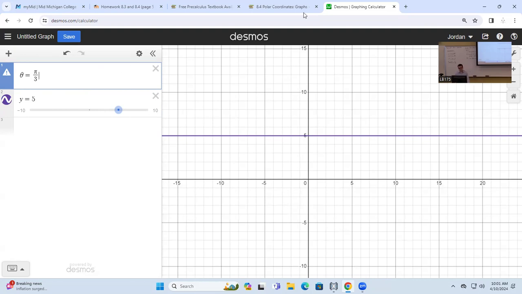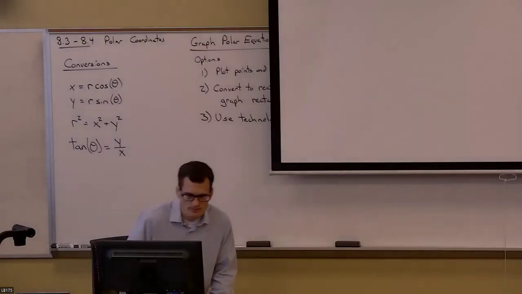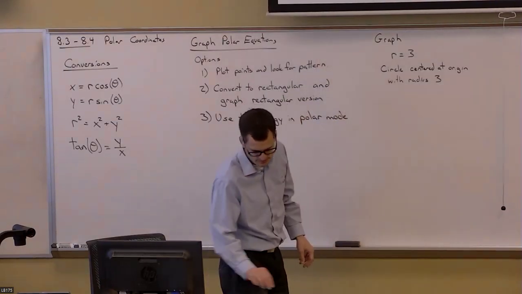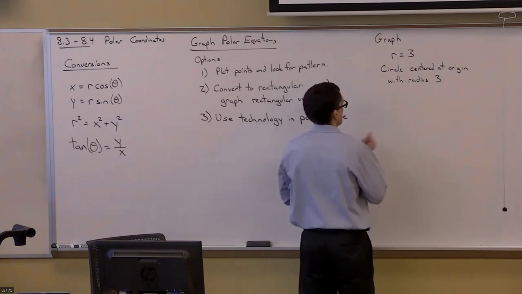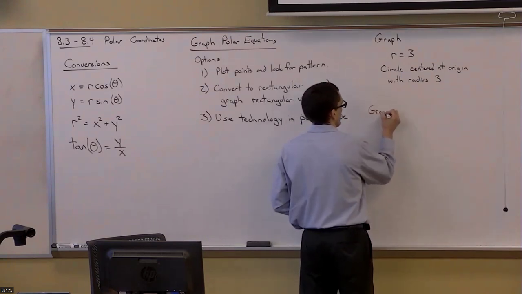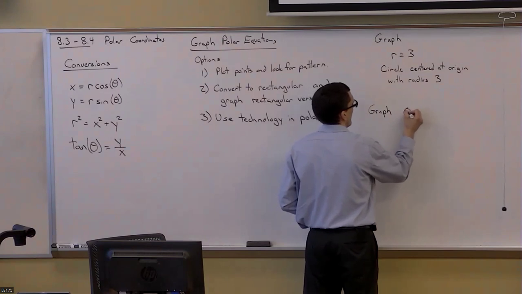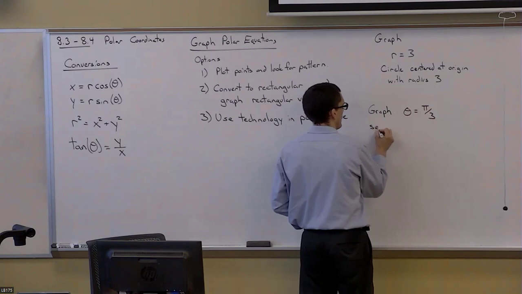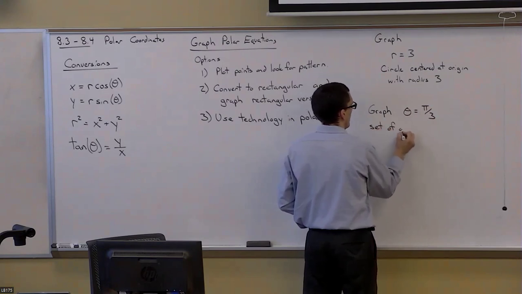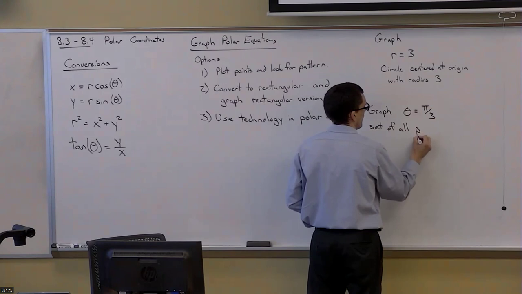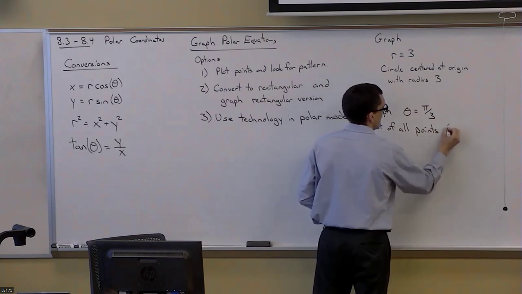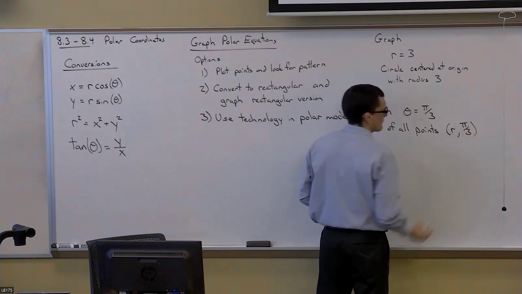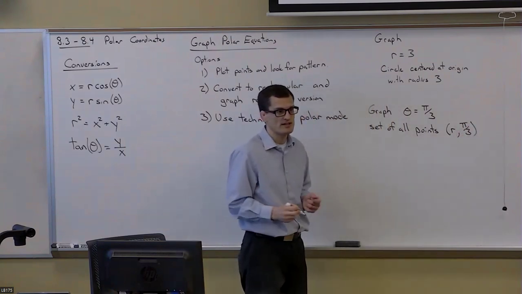But what it actually is is the set of all points that have some r value and then pi over 3 as the theta.